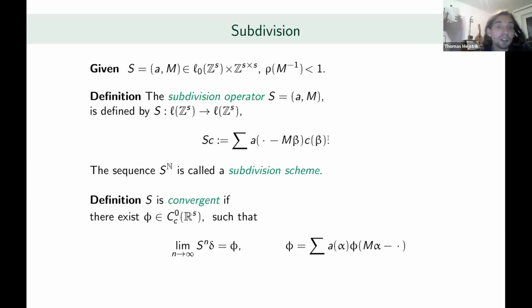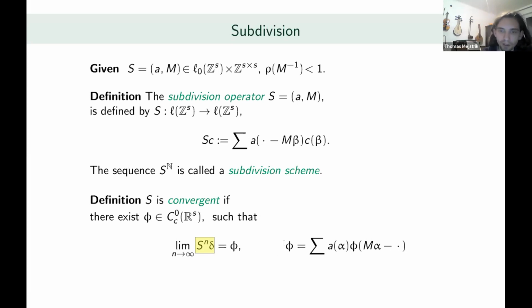And we say that S is convergent if there exists a function phi, continuous with compact support, such that our subdivision scheme converges to this function phi. So remember, those sequences generated here all live on the s-dimensional integers, but we interpret them as living on integers divided by M to the nth power.